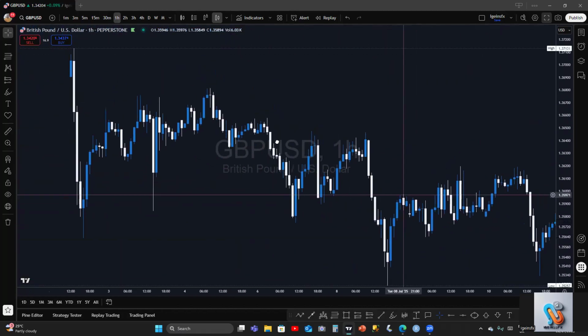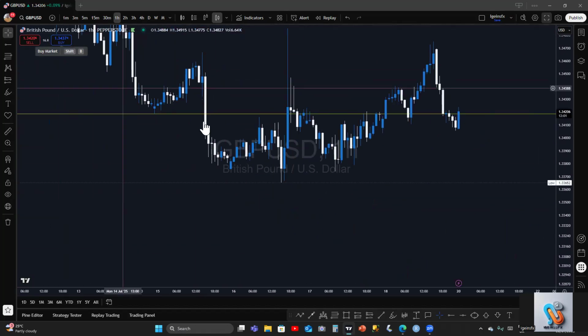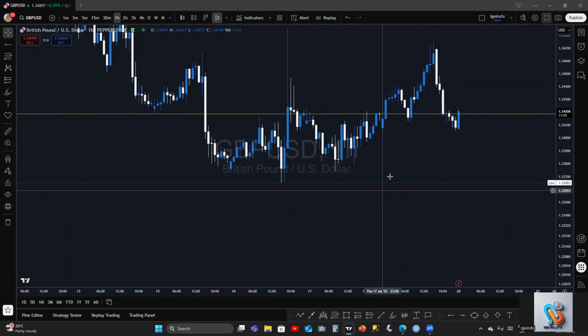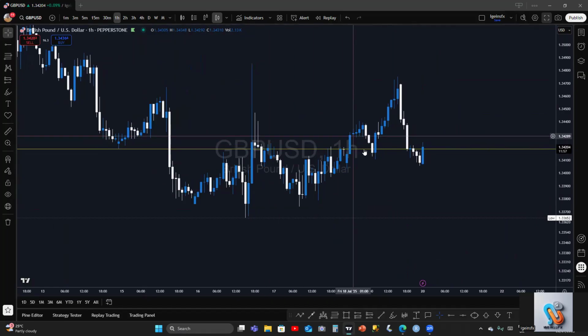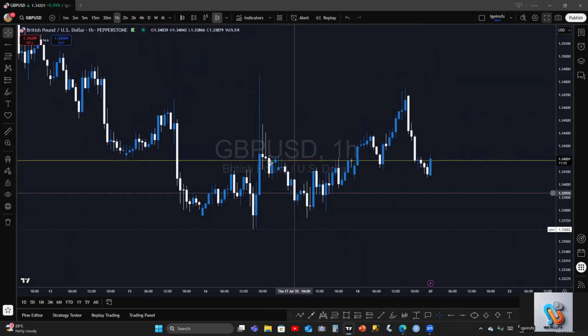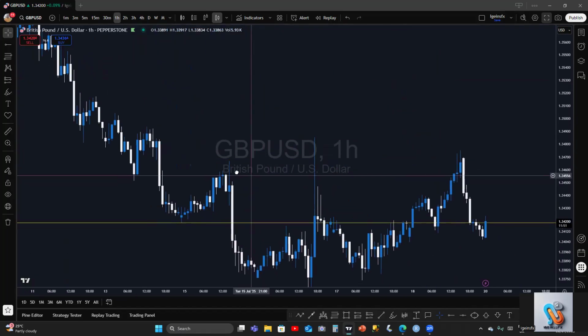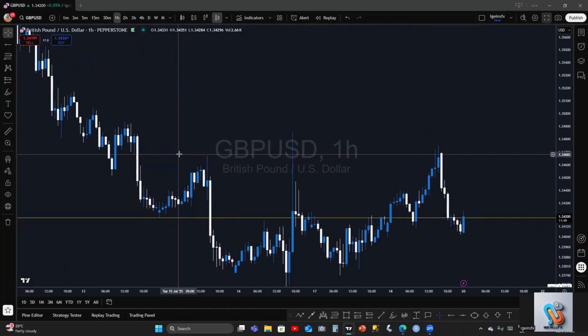We've been bearish, bearish, bearish, bearish, bearish. It's been pulling back, but right here, price has started rebounding and is gradually finding its way to the upside.